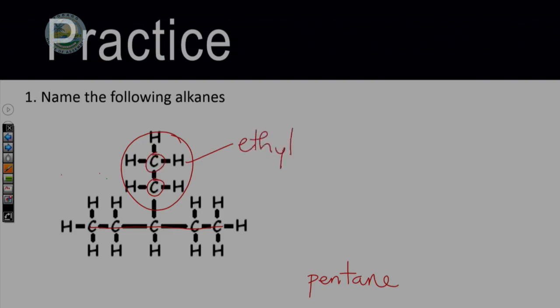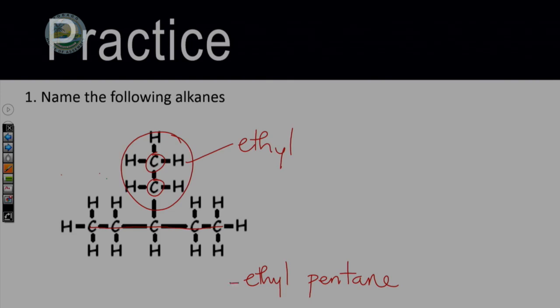So it's going to be called ethyl. All right? So we would add the word ethyl. And there's only one ethyl branch. There's not 2, there's only 1. All right? So if there was 1 somewhere else on the compound, then we would have possibly taken it. But in this case, it's only 1 ethyl branch.